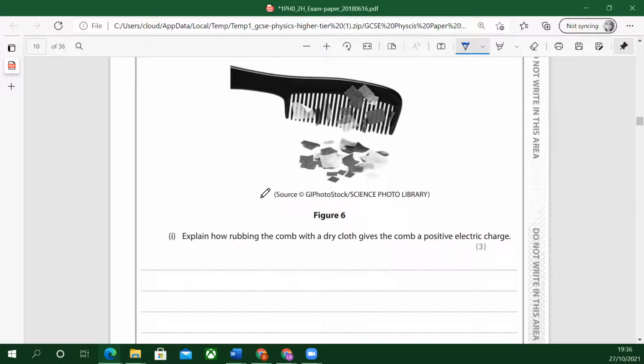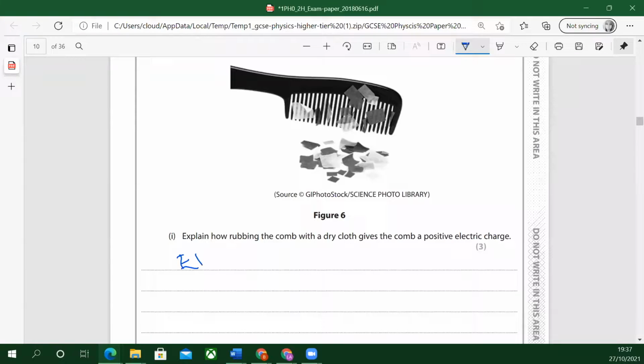So let's think about that. In an atom, you get electrons and protons. It's only the electrons that move. So the electrons are transferred. So only talk about transferred charges. Only electrons transferred. So if the comb is left with a positive charge, the electrons are transferred from the comb to the cloth.